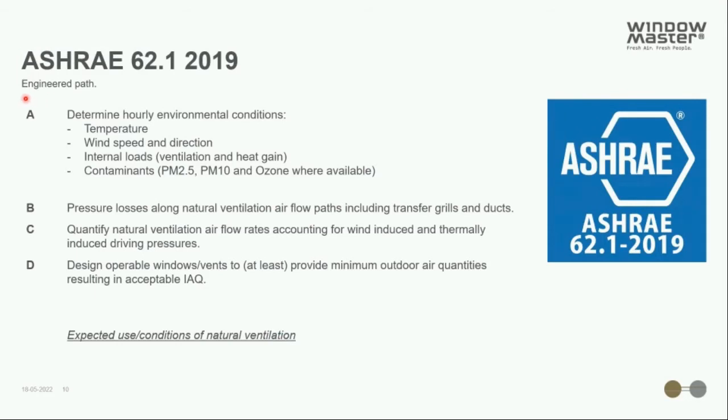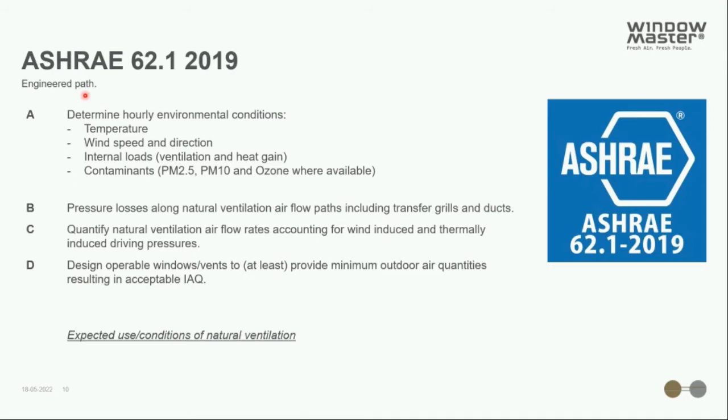As you can see, it's divided into 4 different points, where the first point is based on the environmental conditions of the project. So if we're designing a building based on wind pressure and thermal buoyancy, we have to account for factors such as the outdoor temperature, the wind speed, the wind direction.